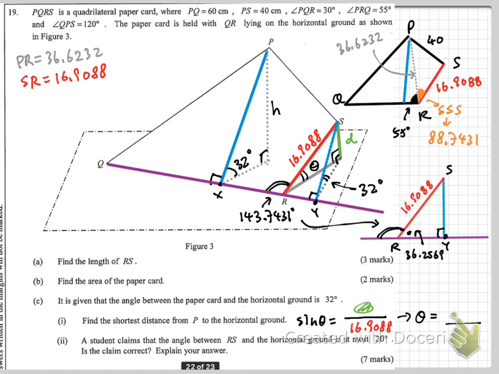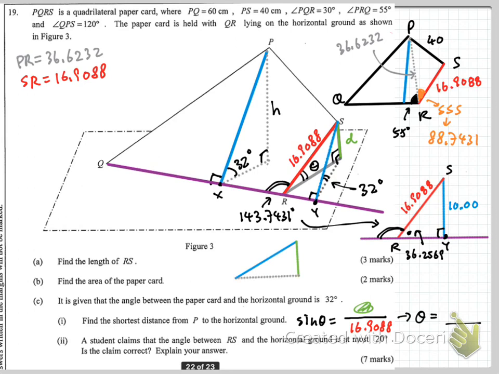Knowing that the red line is 16.9088, you can use the sine ratio to get the blue line. My calculation shows that the blue line is 10.00, very close to 10. So with the blue line and the 32 degrees, we can find the length of the green line. The green line is the height of point S above the ground level.